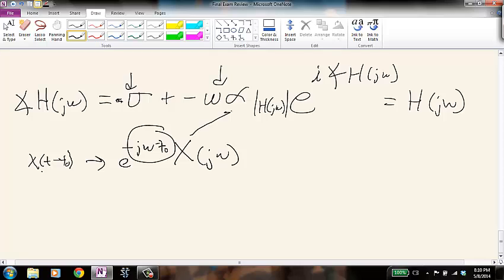This means alpha will be our time delay, right? So in this case, t naught would be alpha. So we have something e to the i, this is what we're multiplying our signal by, right? Times some magnitude.